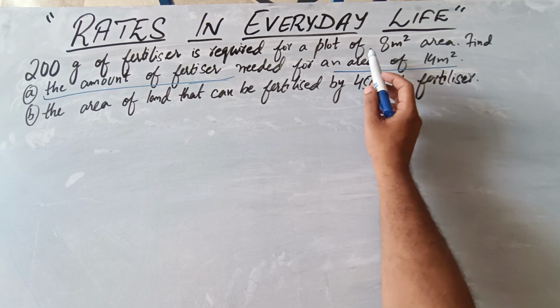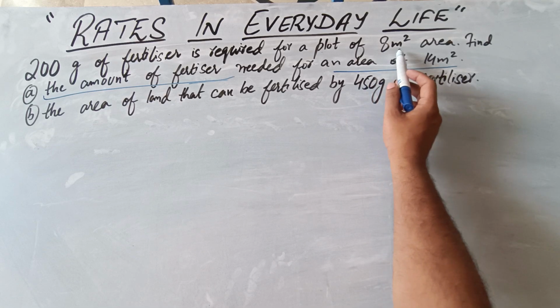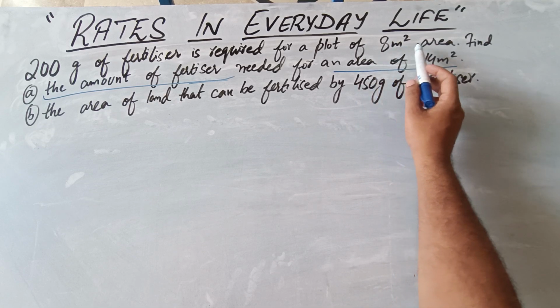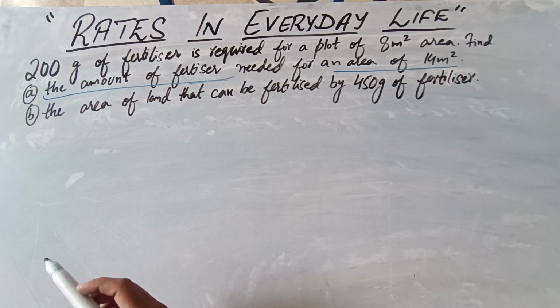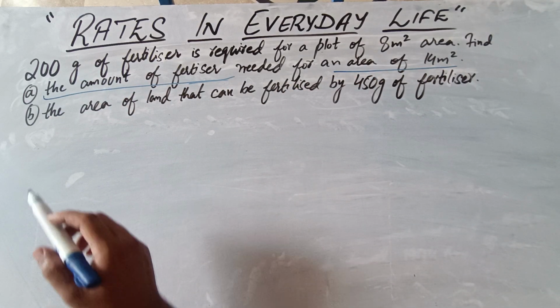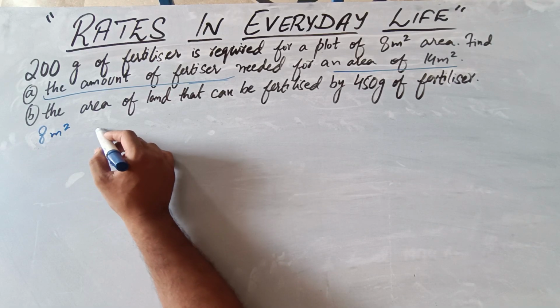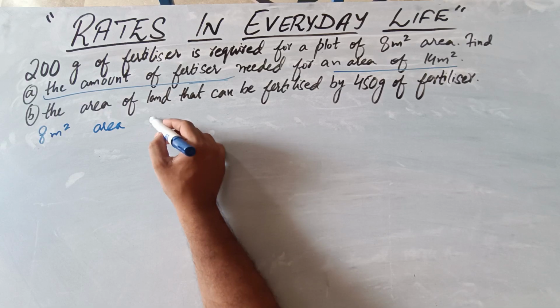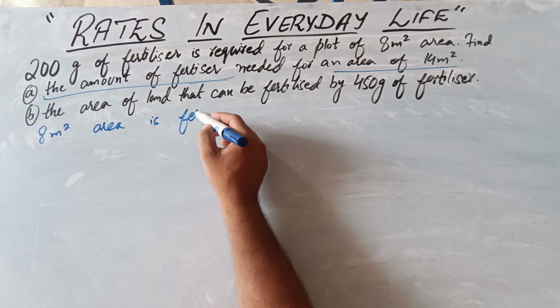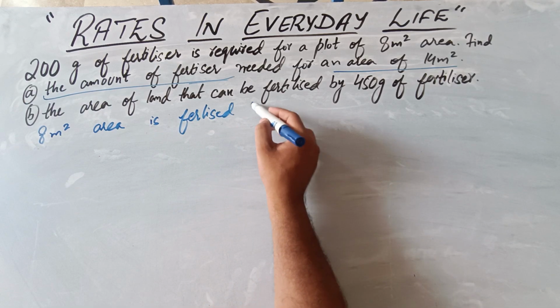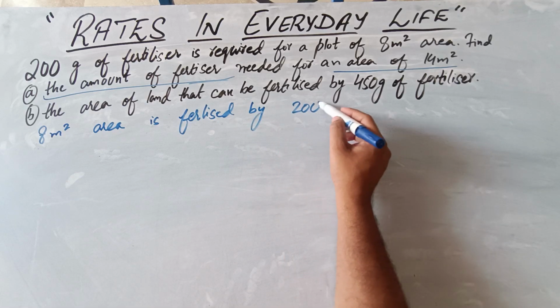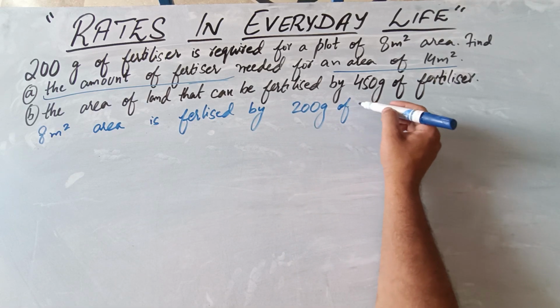How much area is given? 8 meter square area is fertilized by 200 grams of fertilizer.